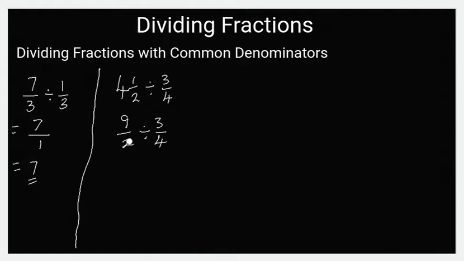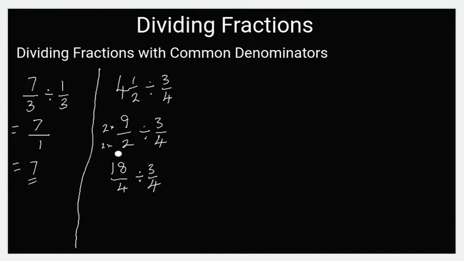We just need to multiply this denominator by 2 and this numerator by 2 to balance it out. So if you multiply this by 2, 2 times this and 2 times this, this will give you 18 over 4 divided by 3 over 4.